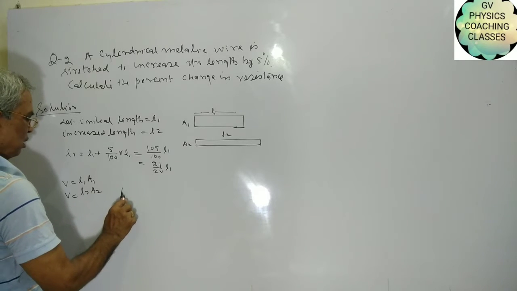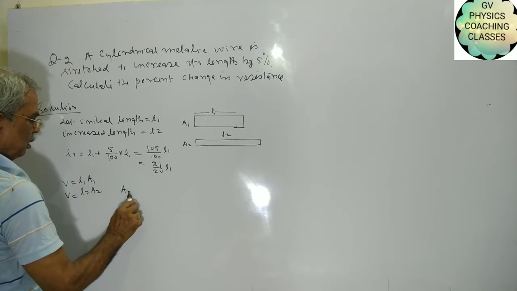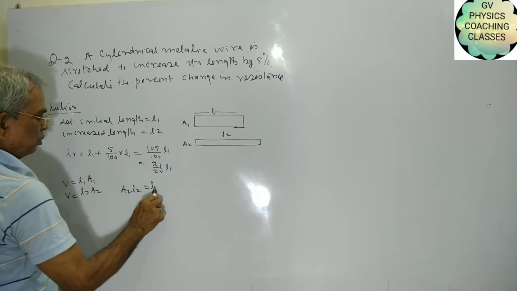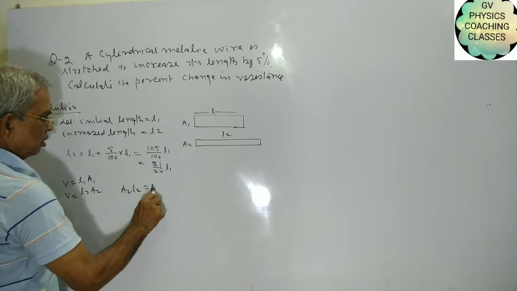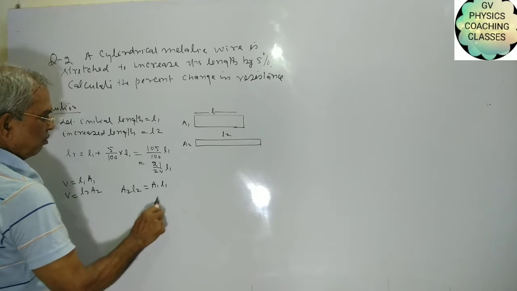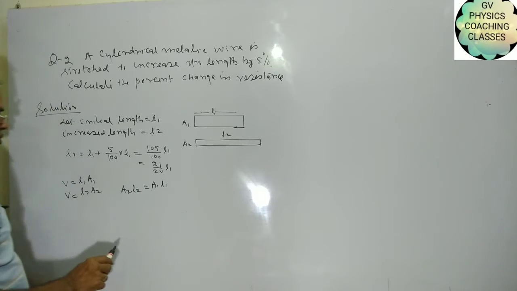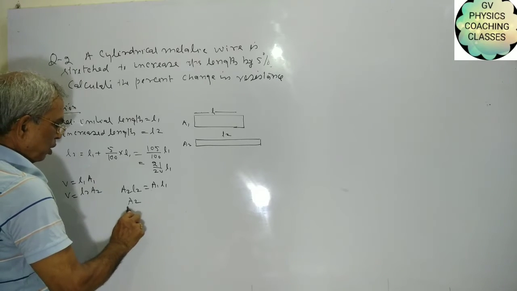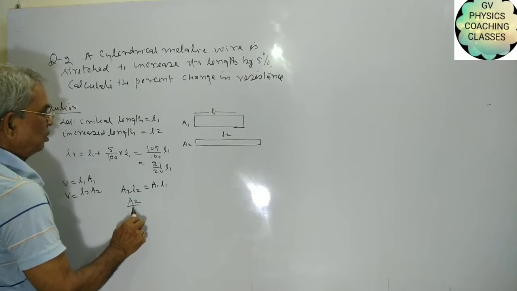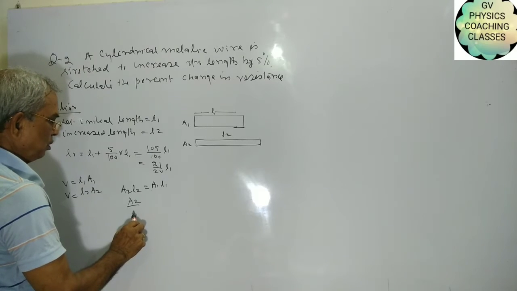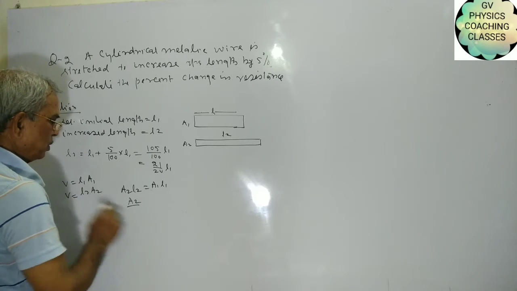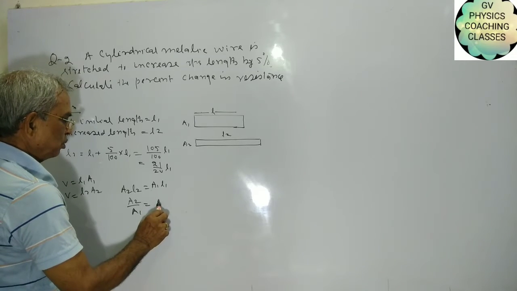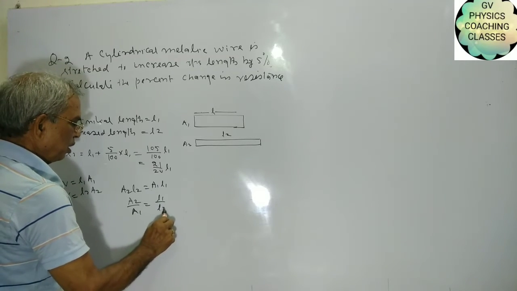Then A2 L2 is equal to A1 L1, or A2 upon A1 is equal to L1 upon L2.